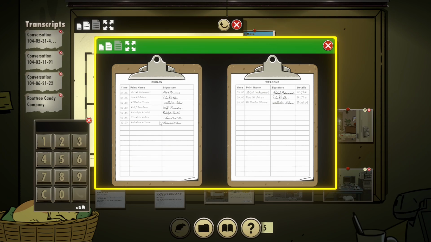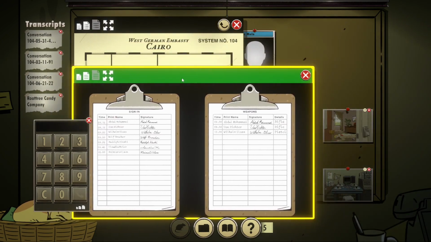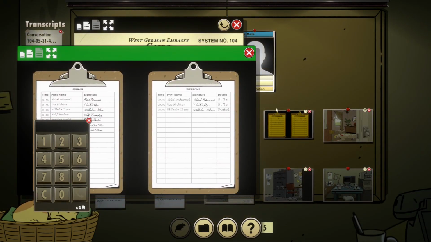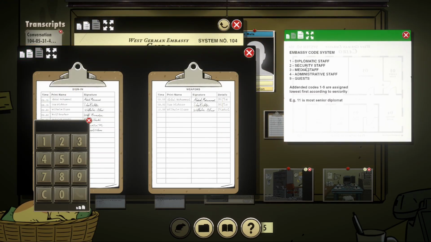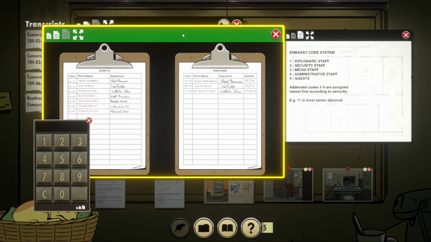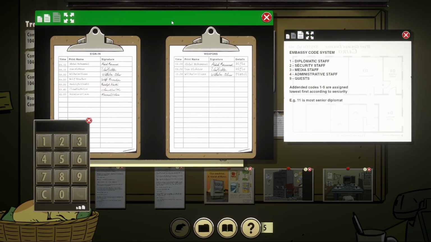So it must go up to 23 for the security. Okay, and then you got Wolfgang.